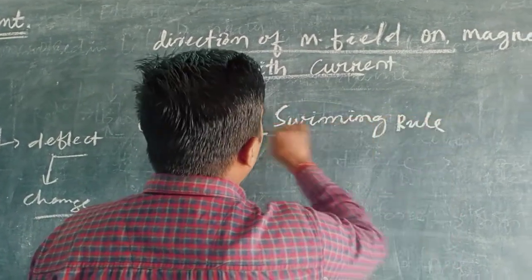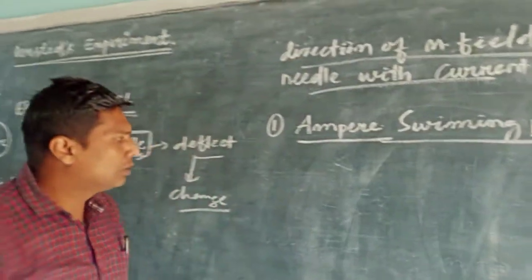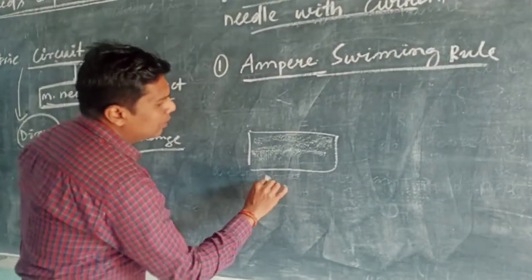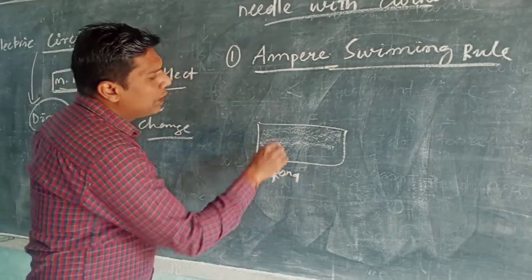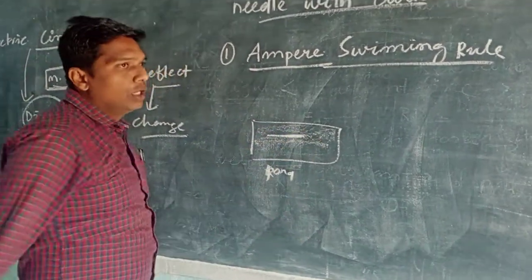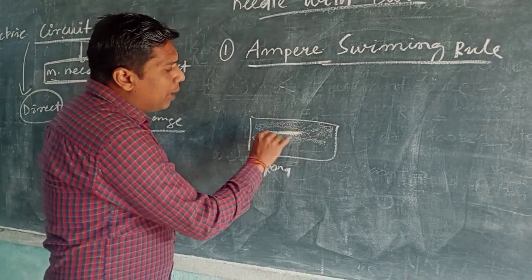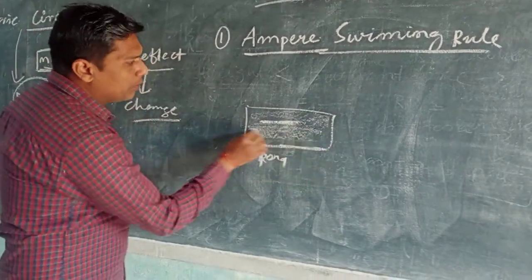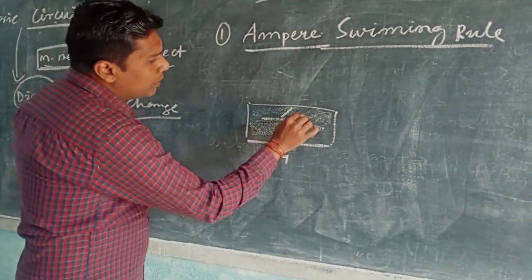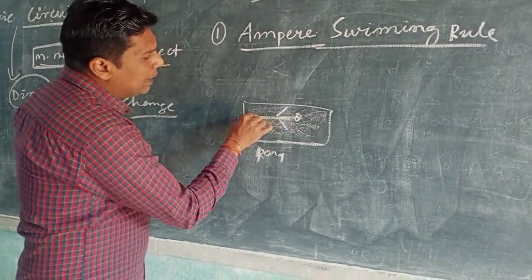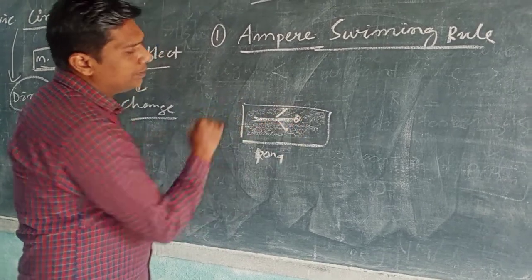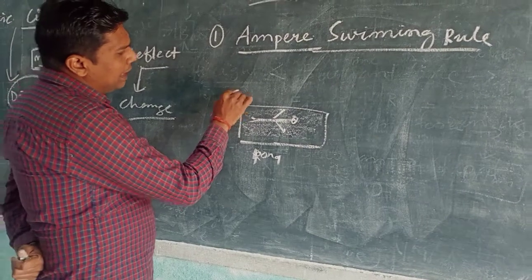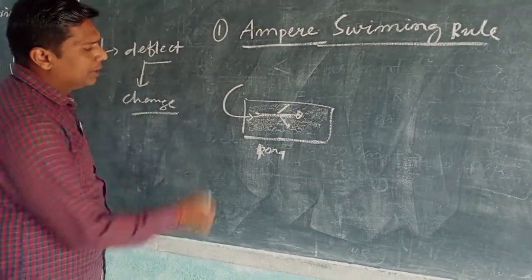So what is Ampere's swimming rule? Generally, suppose this is one pond or river. When we are swimming, during this swimming, our body is parallel to the ground, which is parallel to the pond. Suppose this is our head, this is our leg, and this is our hand. Suppose current is entering through our feet.